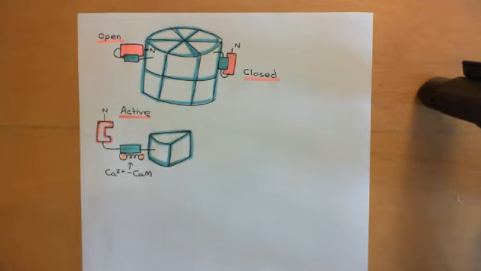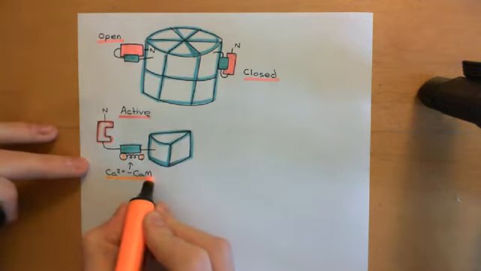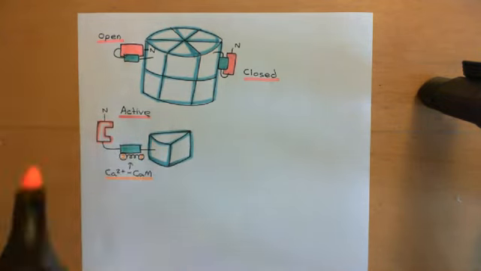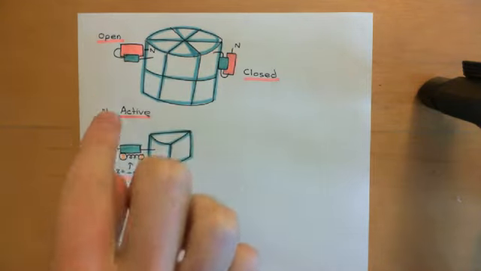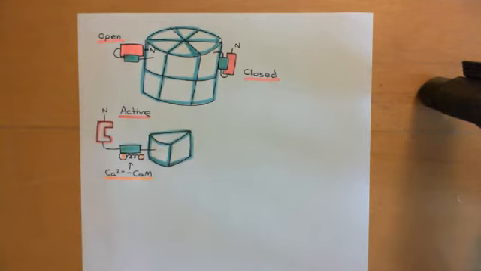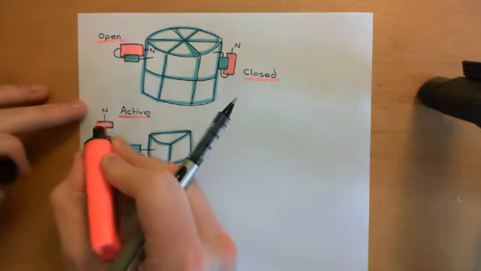These calcium calmodulin complexes will bind to the autoinhibitory domains of the CaM kinase 2 monomers in a CaM kinase 2 dodecamer that are in the open inactive state, and it will cause them to move from the open inactive state to this active state, where the catalytic domain has been released from the autoinhibitory domain and is now free to catalyze the phosphorylation of serine and threonine residues within proteins.